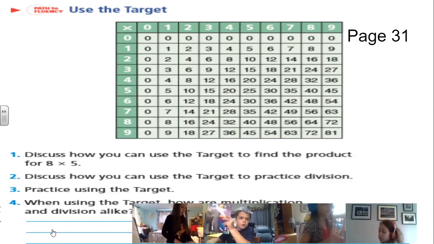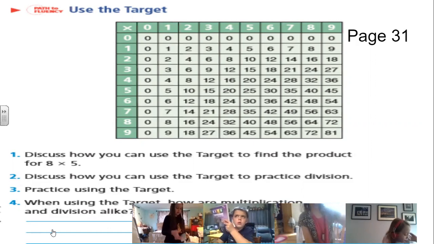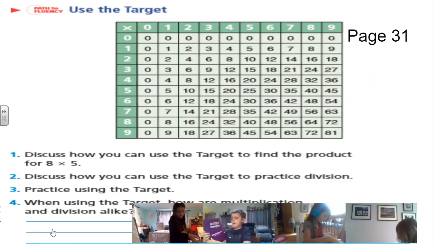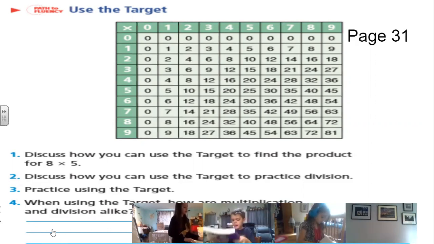So they call this a target. I call it a multiplication chart because we're not going to use the actual target. So on page 31, you will see this multiplication chart. I want you to just look at it for a minute. How many do you need to be on page 31?